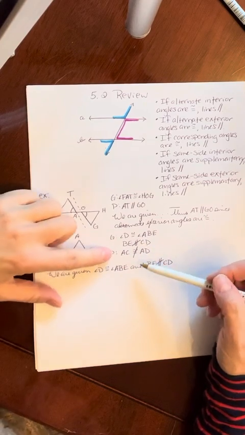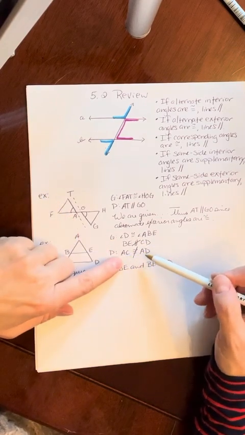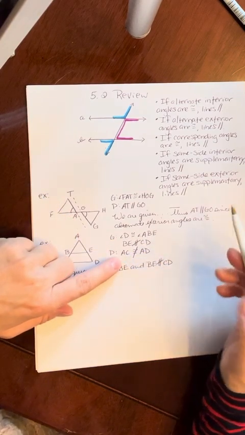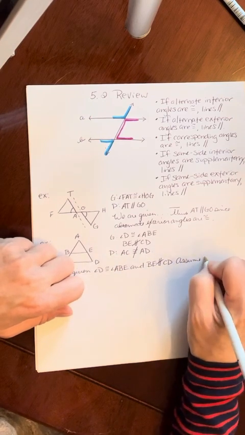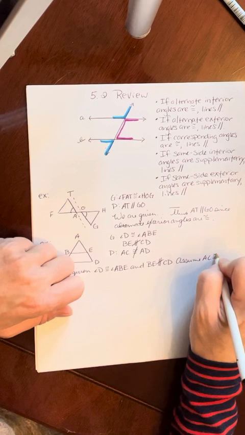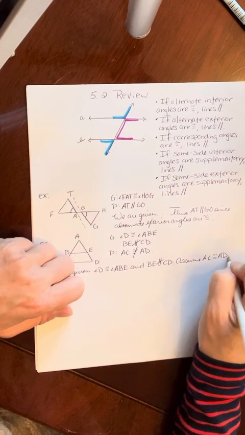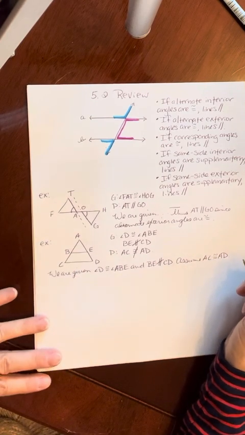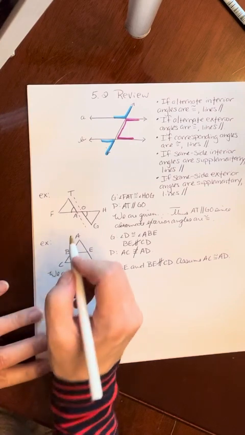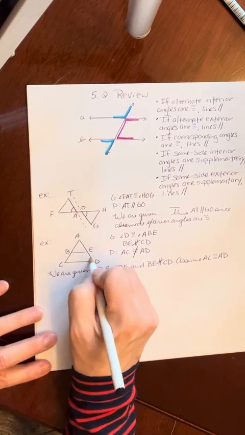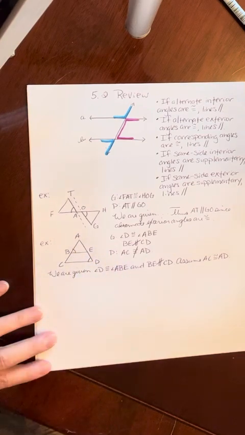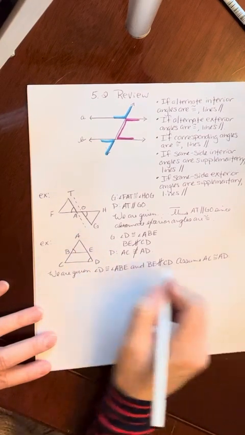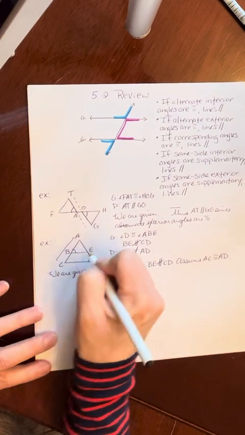When we did these indirect proofs, remember we had to assume something. So in this case, we're going to assume that AC is congruent to AD. All right, I'm going to mark my picture. Angle D is congruent to angle ABE. These guys are not parallel. And then we have the assumption that AC is congruent to AD.